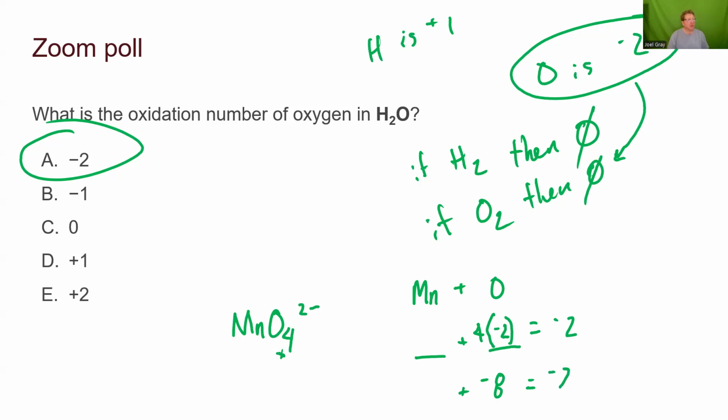If this whole thing has a charge of -2, what is the charge of manganese? Well, manganese has to be +6. Does everyone follow that? Can I get a Y or an N if you're good with that?